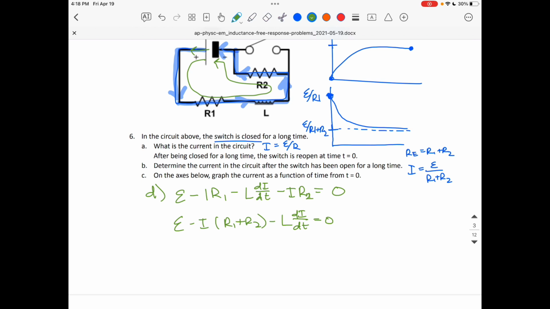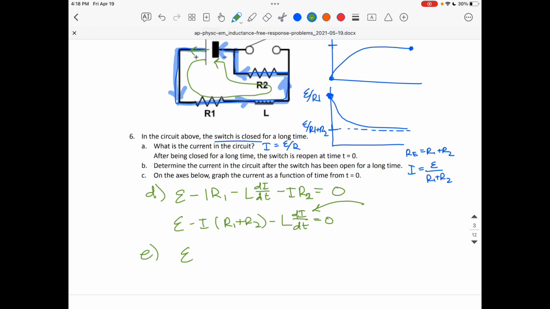So here, what you want to do for part E is you want to bring our di dt, because we're solving for the current with respect to time, where our I variables are on the right and our t variables are on the left.